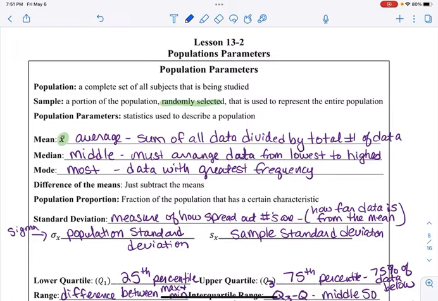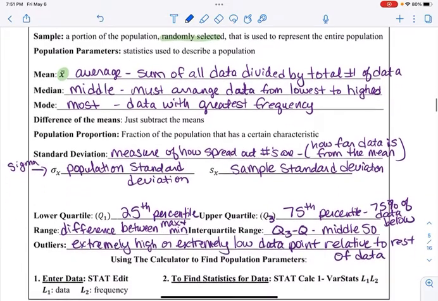Like if two people didn't take the test and there are 2 zeros, that brings the average down quite a bit, where the median will be more stable. The mode is the most common. It's the data with the greatest frequency.